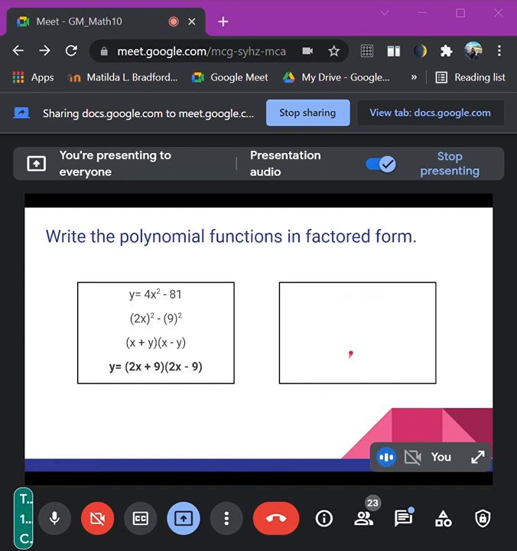Now, let's go to the next example. We have here y equals 8b cubed plus 27c cubed. So which factoring method or special product can we use here?